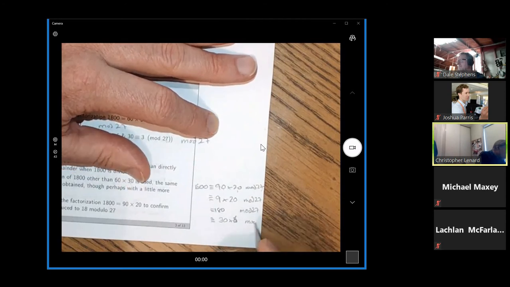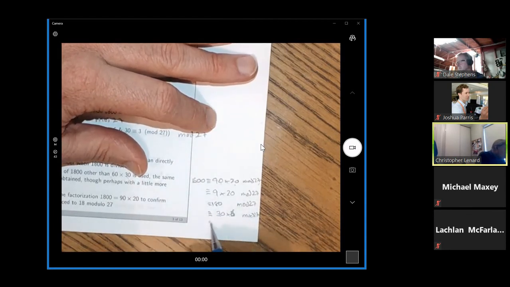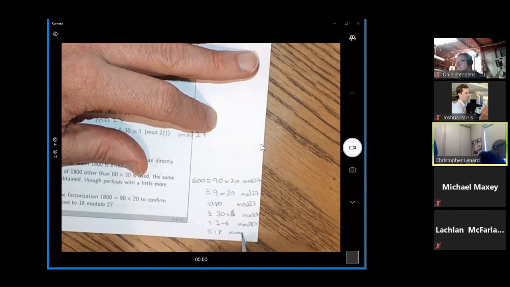Mod 27. Okay. 30 is equivalent to, well, from 27, that's just 3. And 3 times 6 is 18.